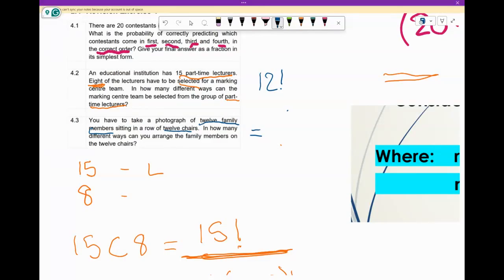It's a very big number, even the last one is a very, very big number. 479 million, 1,600.